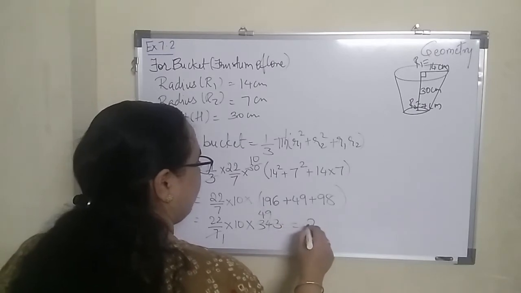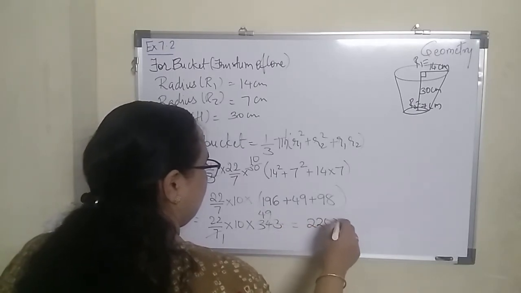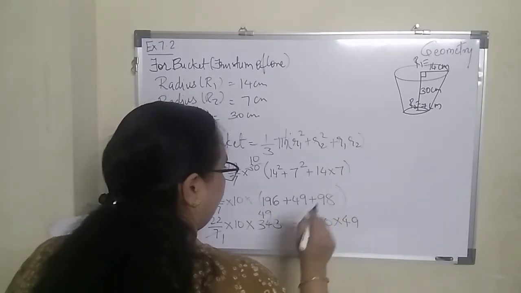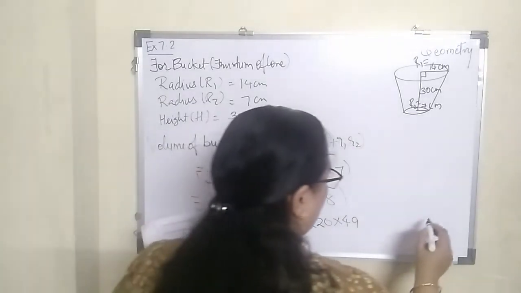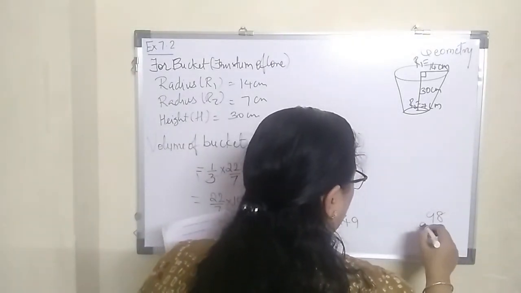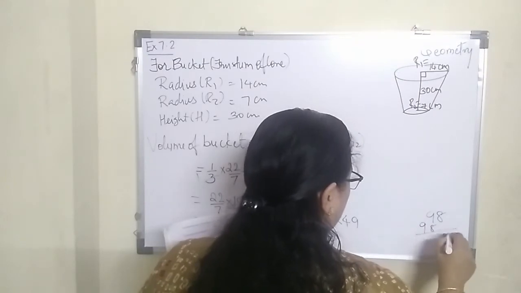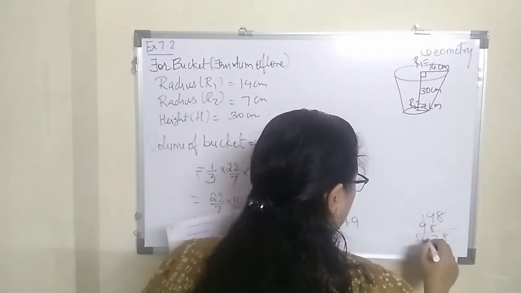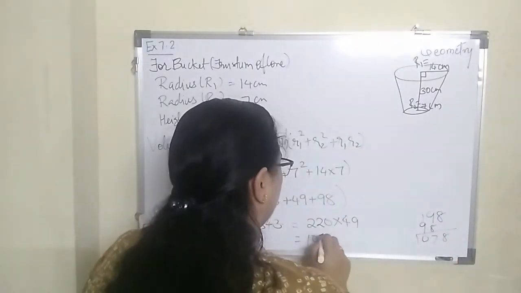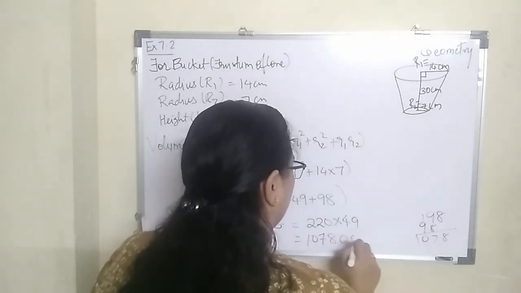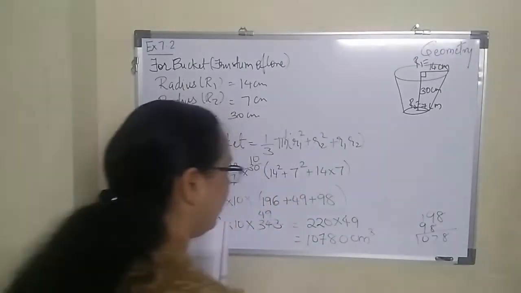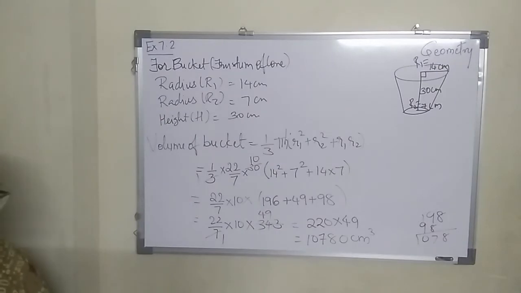So you have 220 into 49, which gives 10780 centimeter cube. So that we have to convert into liters.